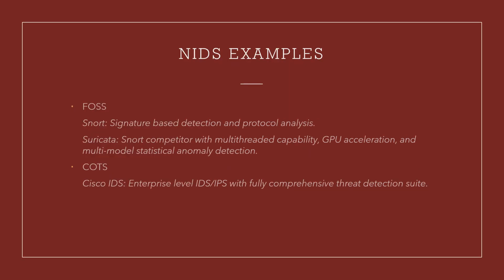So let's dive into some network intrusion detection system examples. We're going to look at this from both a free and open source software perspective and a commercial off-the-shelf perspective.